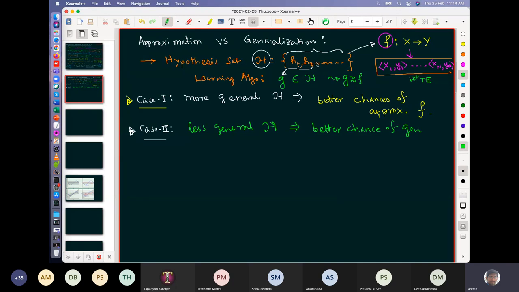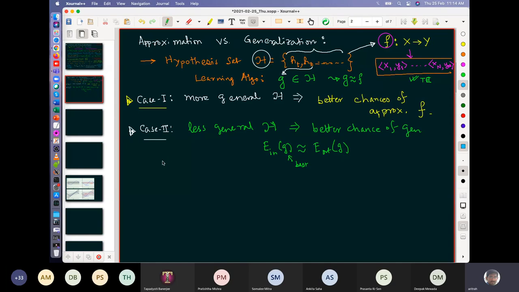The best element from this set is the element which tracks the out of sample better. That is the best g, right? So finding the best g is much easier in a less general hypothesis set. For example, the interval set is much less general than the set of, let's say, linear combinations of anything infinite.